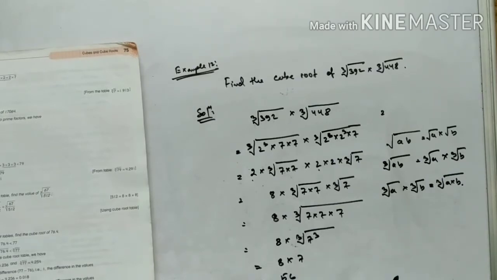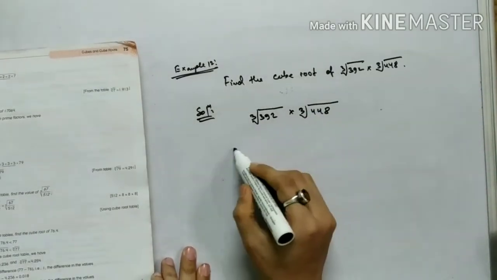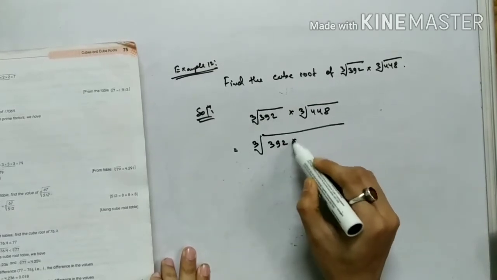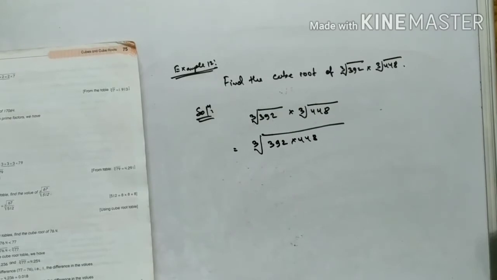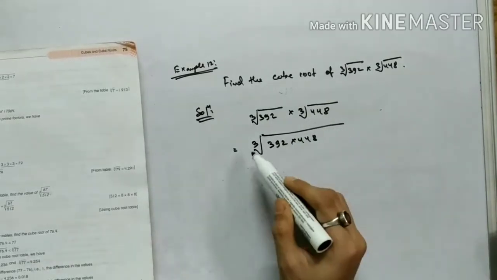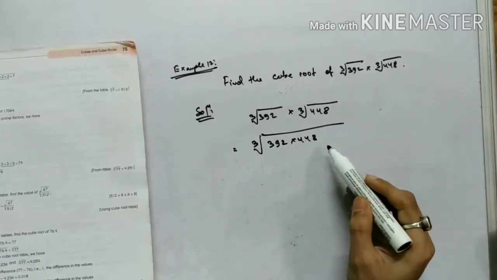Understand? You can do it this way or you can do it this other way also. Let me show you. Directly here we can do it. Cube root of 392 into 448. I can write the whole cube root, 392 into 448.